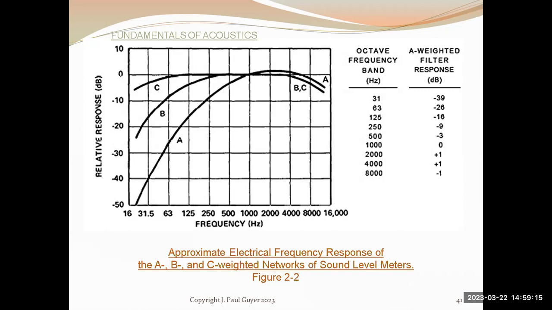And the B and C settings are ones that might be used in specialized situations, but generally speaking, you are going to want to take your sound level measurement readings with the ABC knob set at the A filter level.